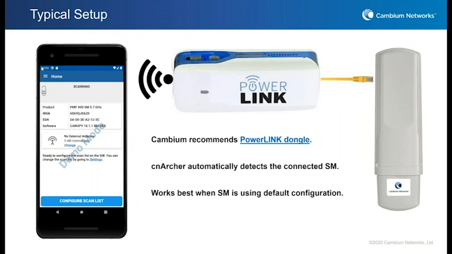So we've seen customers who use bigger batteries to power up the subscriber module, or desktop UPSs, which have a normal 3-pin plug that you can use to power up the subscriber module, and a small Wi-Fi router to connect the SM to the app.